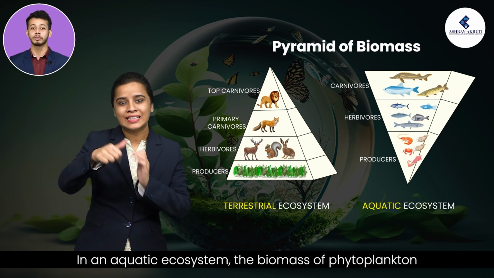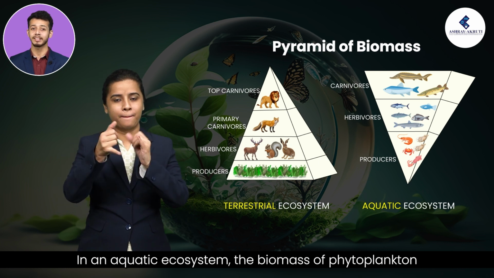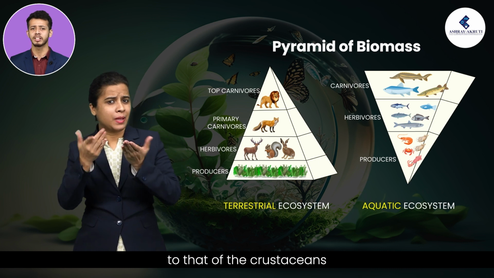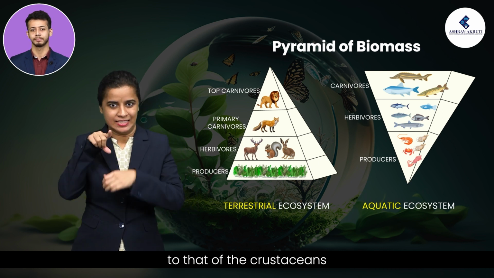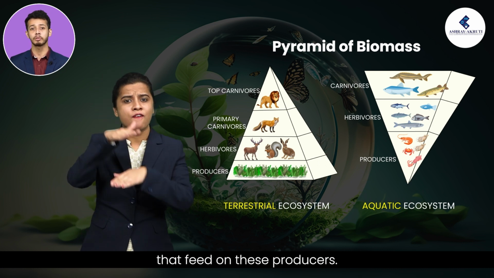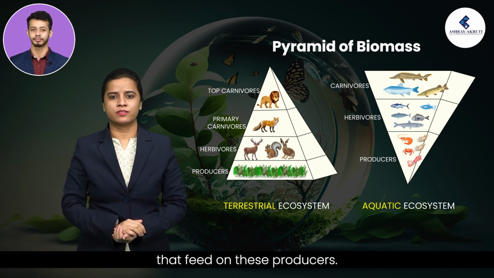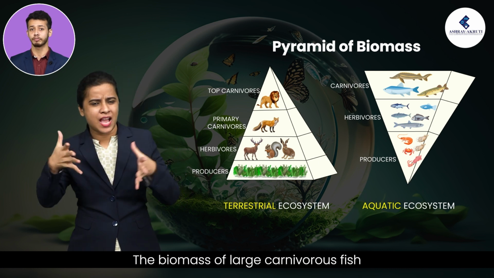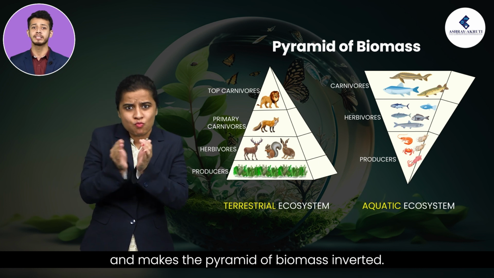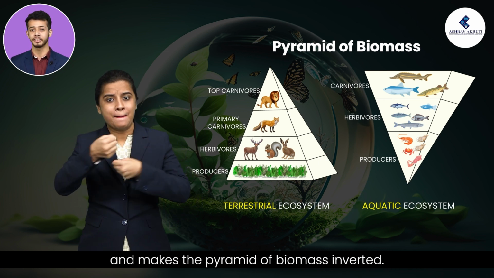In an aquatic ecosystem, the biomass of phytoplankton is quite negligible as compared to that of the crustaceans and small herbivorous fish that feed on these producers. The biomass of large carnivorous fish living on the small fishes is still greater and makes the pyramid of biomass inverted.